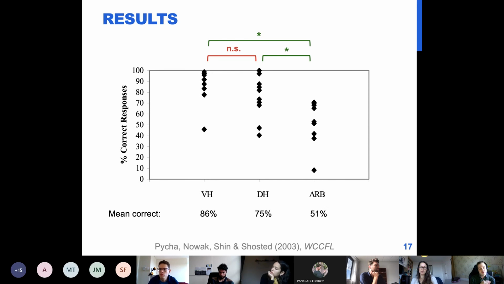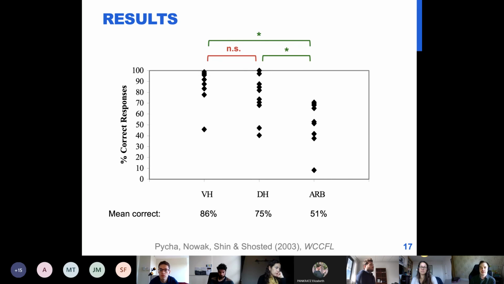I would say, if you look at the vowel harmony versus disharmony case, there were very few participants in the study. There's a numerical difference there. You might guess that if they tripled the number of participants, that difference might be significant. So I think people were sort of aware of this. But in the years after that, there were a couple more studies looking at vowel harmony that showed a similar kind of pattern.